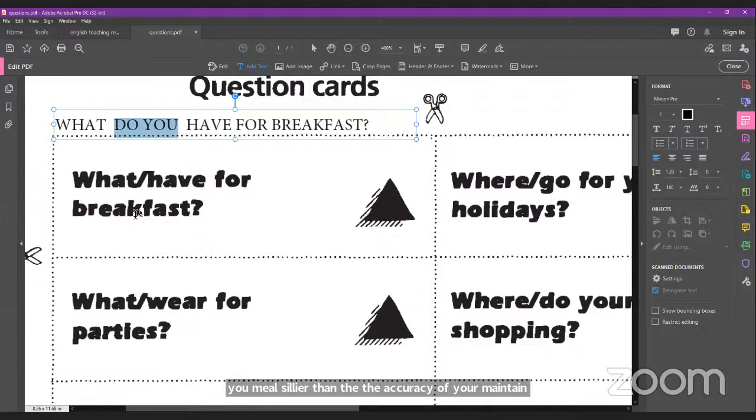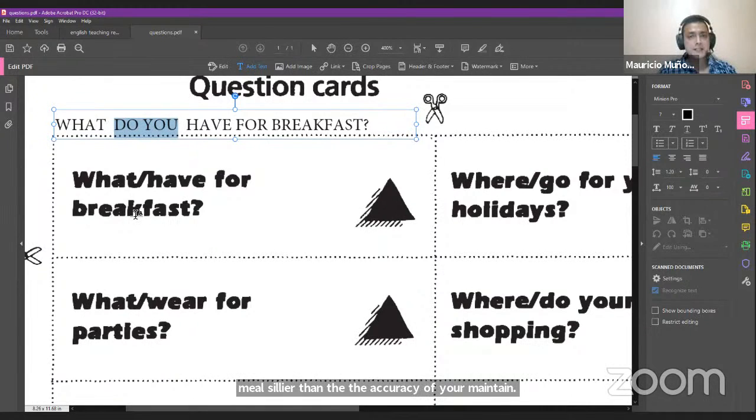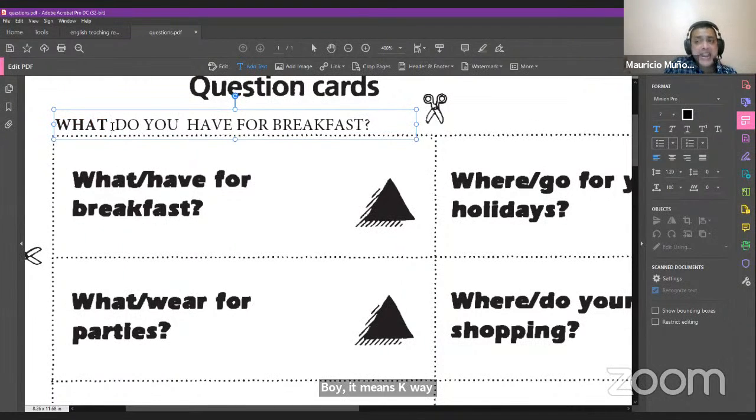What do you have for breakfast? What do you have for breakfast? Centrémonos ahora en esta palabra. What. What means qué. What significa qué.